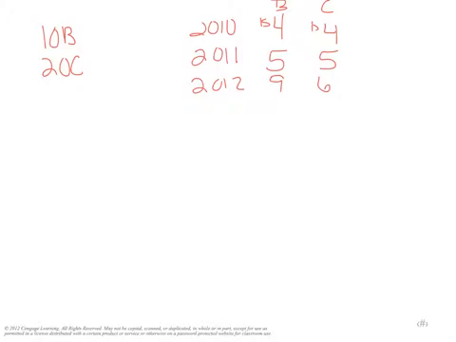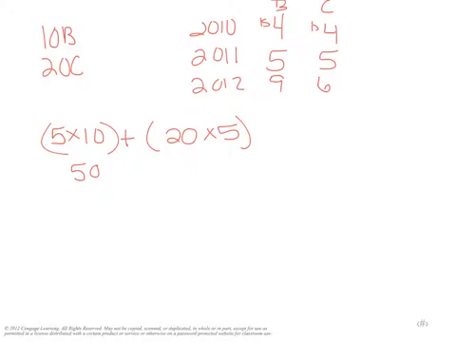Okay, so we're going to calculate how much we have in the basket in 2011, because they already gave us 2010. So in 2011, we're going to take our price, $5 for beef, times the 10 pounds of beef, plus our 20 pounds of chicken times $5, and we get 50 plus 100, which gives us 150.